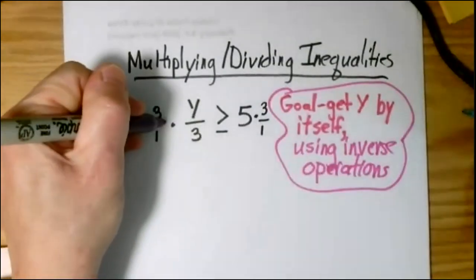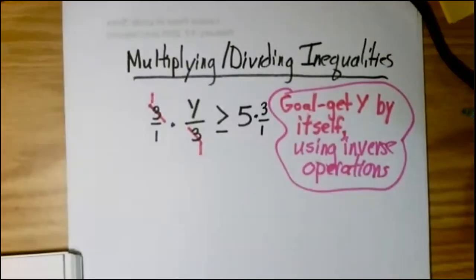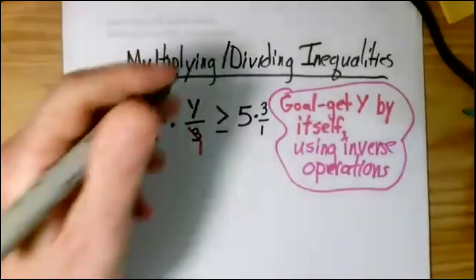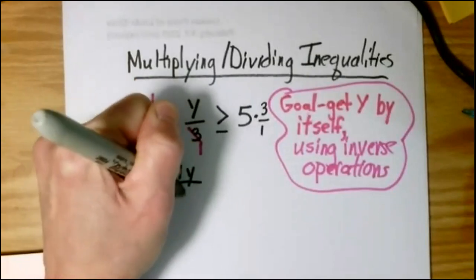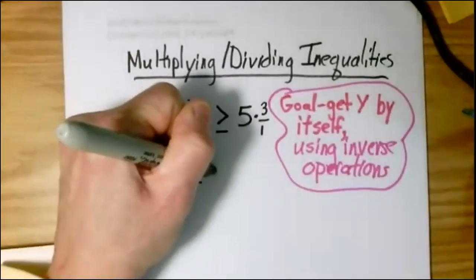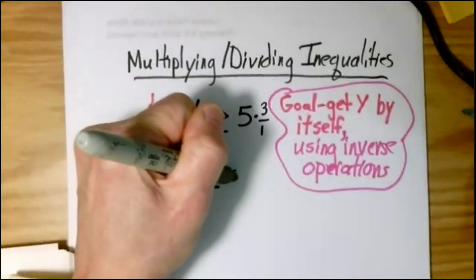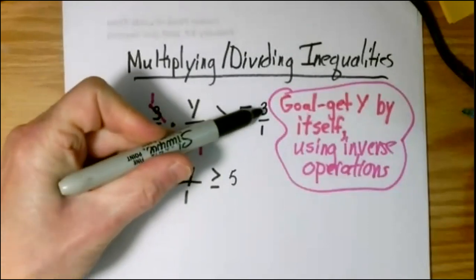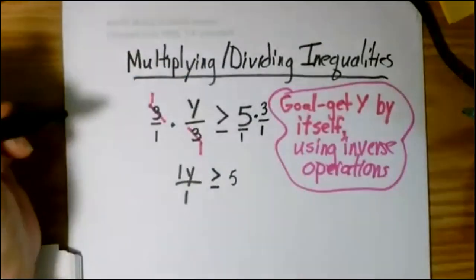These 3's are going to cancel out and become 1's, right? And I'm going to be left with 1y over 1 is greater than or equal to, what do we have over here? We have 5 times 3 on the top and 1 on the bottom. We could say this is the same as a 1 over there.